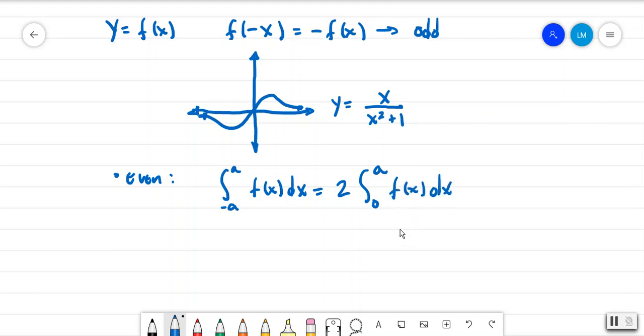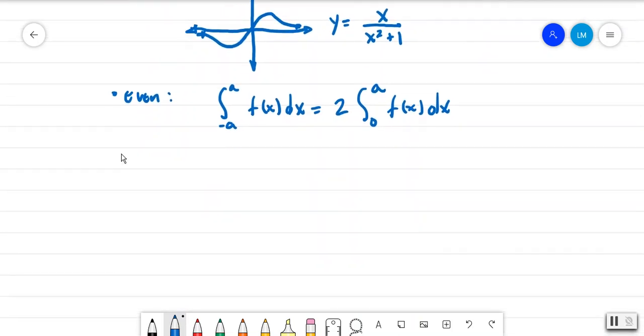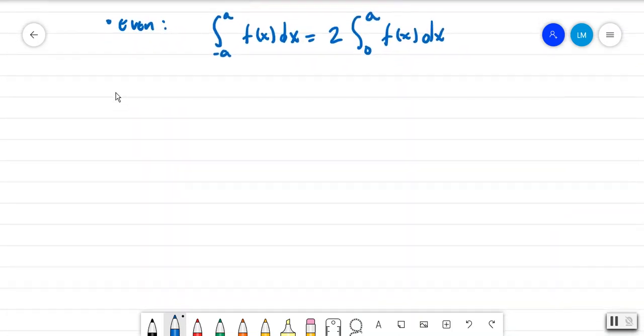Now, of course, the antiderivative of f of x would just be whatever we can find it to be. But any way that we might look at it, the region of which the area happens to be is going to be symmetrical.